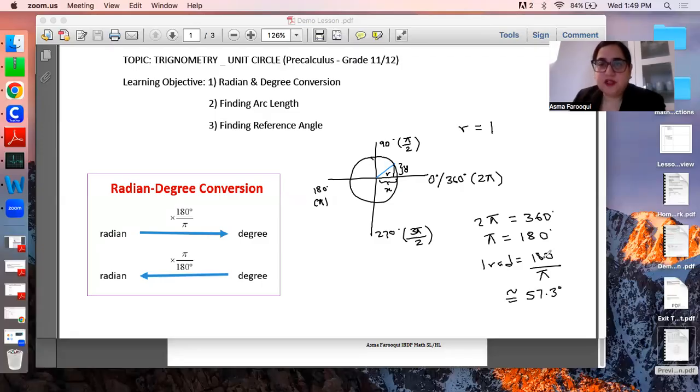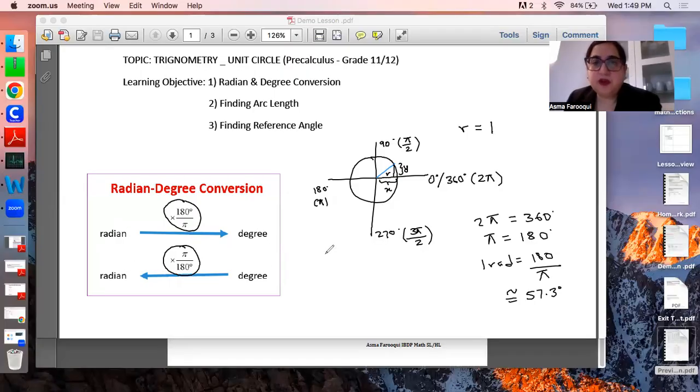So whenever we want to convert from radians to degrees, we multiply by this factor, 180 divided by pi. And whenever we want to convert from degrees to radians, we need to multiply by pi divided by 180. You can see the arrows: this is from radians to degrees, and this is from degrees to radians.